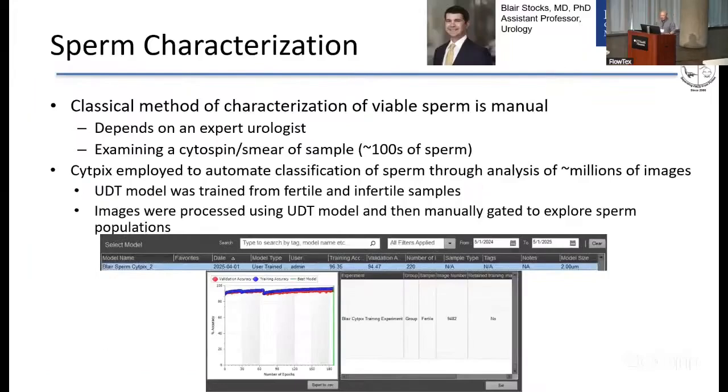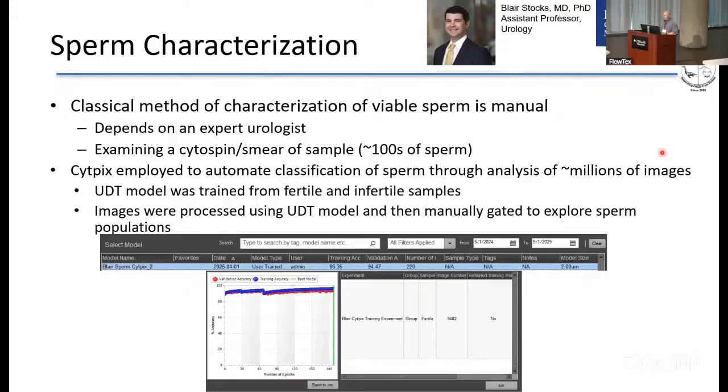Next, we have an ongoing collaboration with Dr. Blair Stocks, and he approached us with an idea for a sperm classification project. So the classical method of determining viability of sperm is manual. It requires an expert urologist to look at a smear of just a few hundred sperm on a slide.